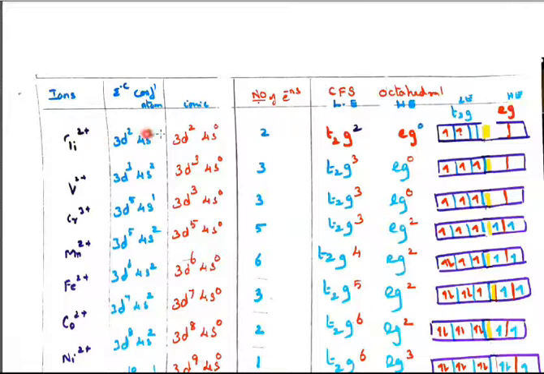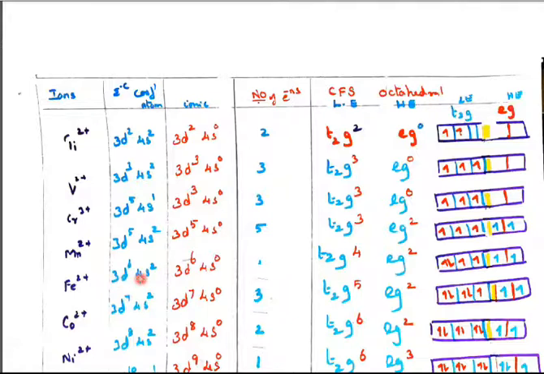2+ means it should lose 2 electrons from the s orbital first, so titanium 2+ is 3d2 4s0. Vanadium 2+ means 2 electrons lost from the s orbital, so it has 3d3 4s0. Chromium 3+ means 1 from s orbital and 2 from d, so it has 3d3 4s0. Then Mn2+ loses 2 electrons from s orbital, so 3d5 4s0.